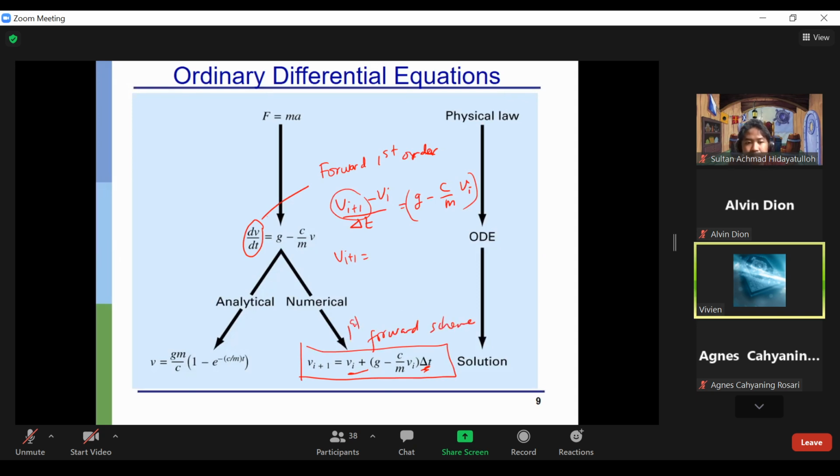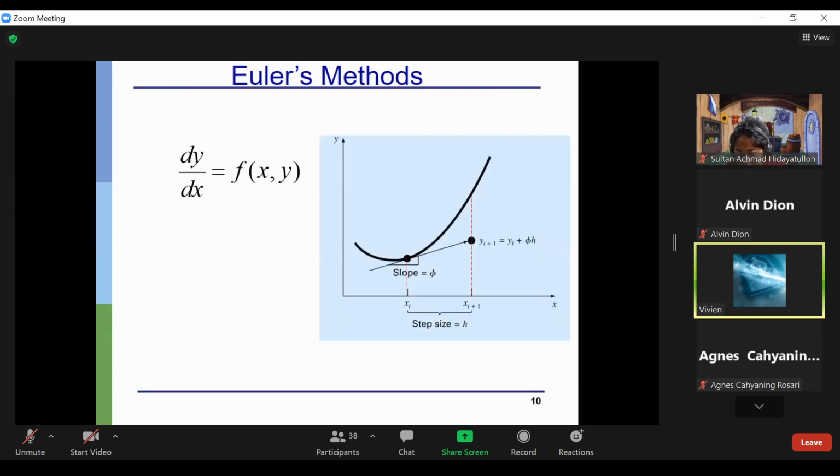Okay, so this is one way to solve an ODE using the forward scheme. This is called Euler's method.